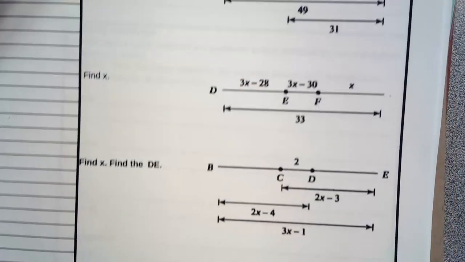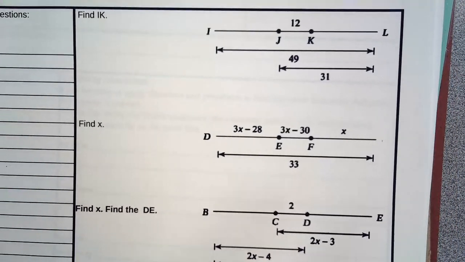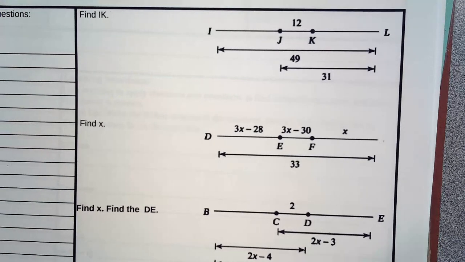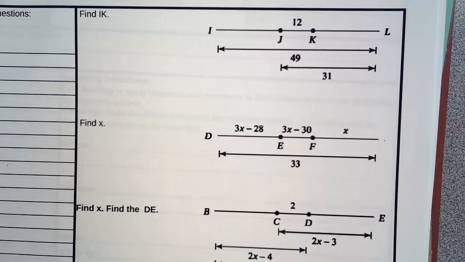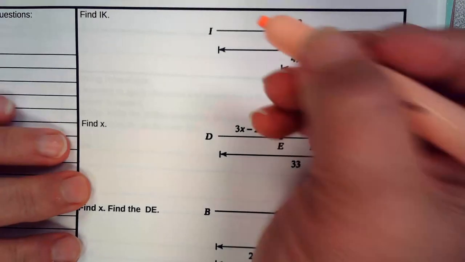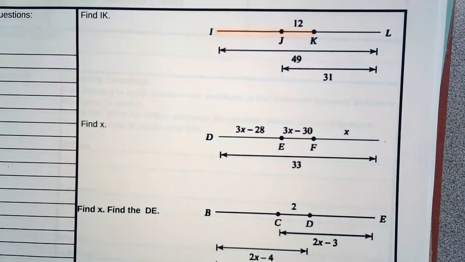Okay, so we always like it to get harder. This time we're going to find IK. Where is IK exactly? So I'm going to find that, but I know the whole thing is 49.